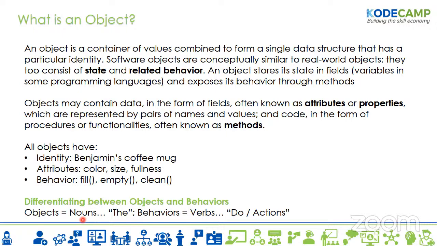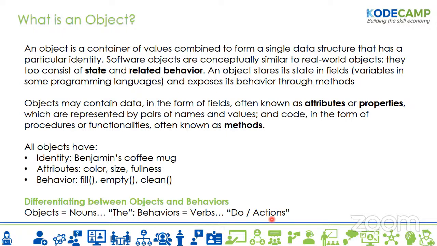Another example: the book, the pen, the cover, the person, the man. Those will be objects. Now, when you look at attributes, attributes are more like adjectives, descriptive properties. For example, white, size, fullness, half full. And behaviors are more like verbs, in terms of actions or what they do. How does it relate or interact with something else?